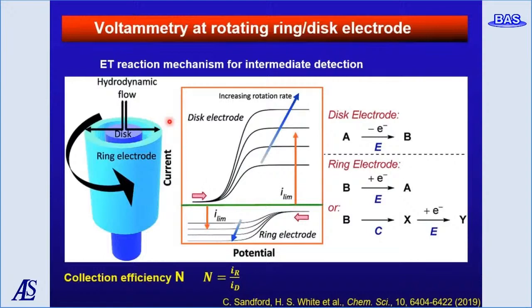Once A is oxidized to B at the disk electrode, the reaction mechanism can be elucidated either by reducing the generated B at the ring electrode or by an increase in current when the observed B reacts to become X and is further reduced to Y. So we can catch the intermediate reduced species at the ring electrode.